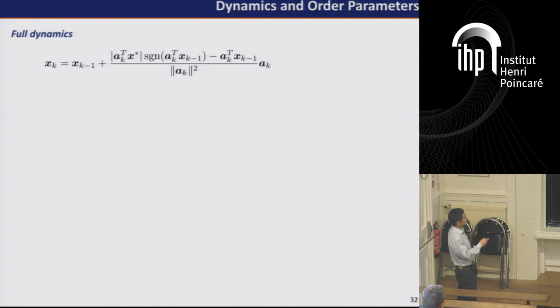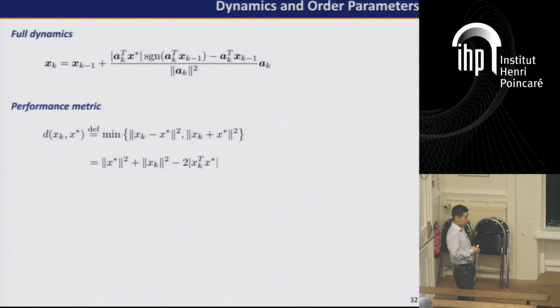So here is a special case for phase retrieval. This is a recursion. We don't need to worry about the details of the recursion, but we just need to know that this is a Markov process in R^n because the states are the vectors. But for an engineer, what we really care about is the location or the state of the algorithm.